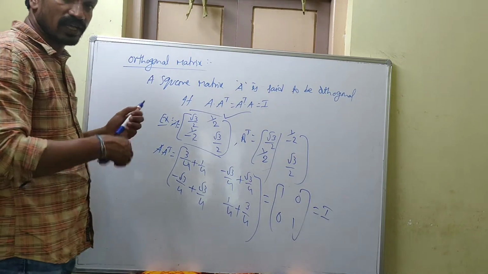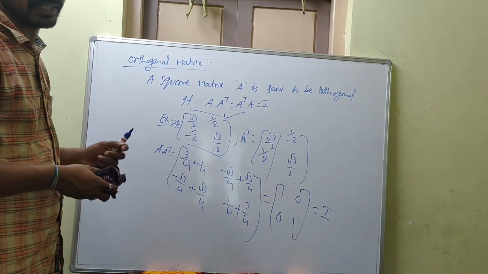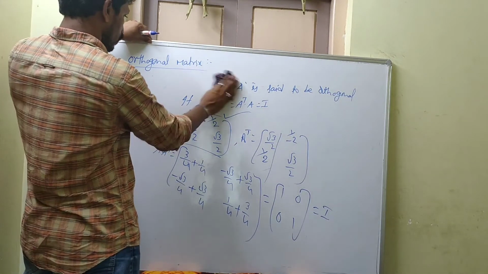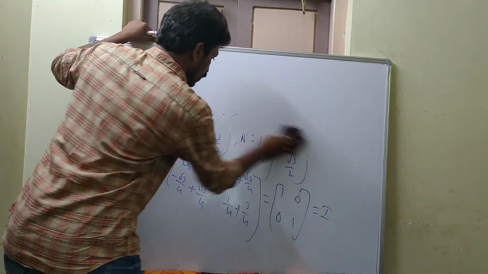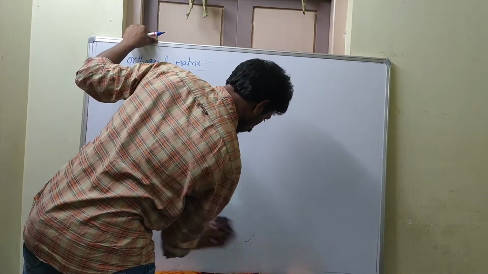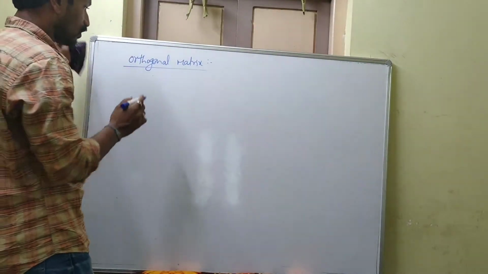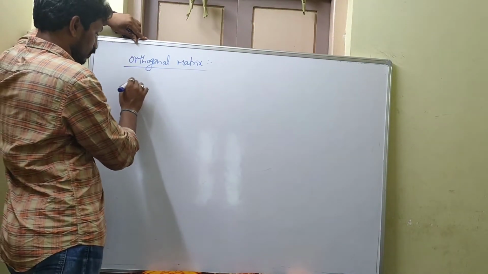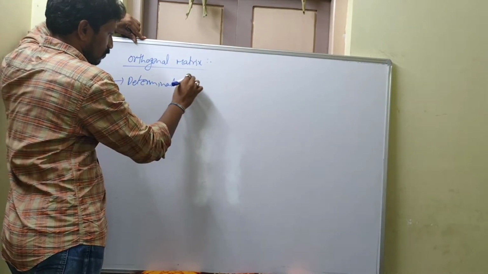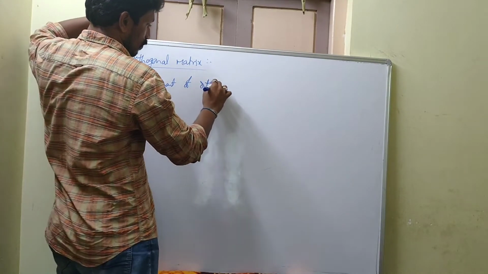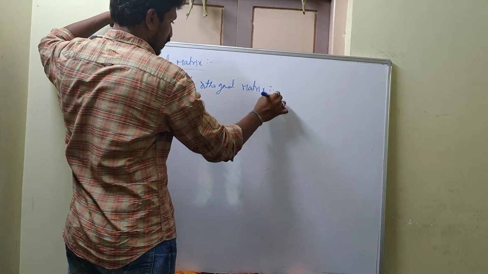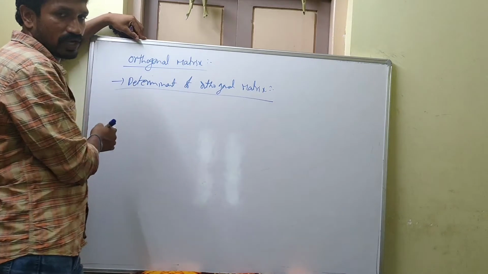Now, determinant of this orthogonal matrix is always equal to plus or minus 1. We can go directly with an example or by proof also we can do.